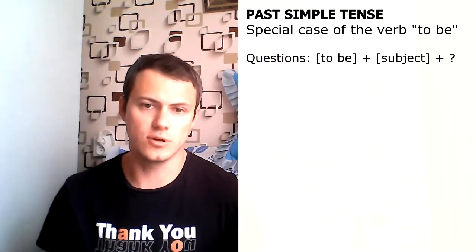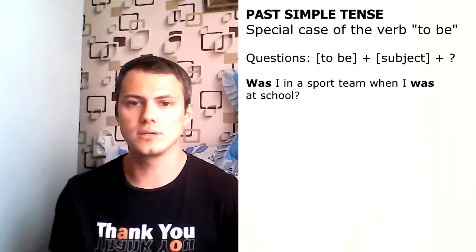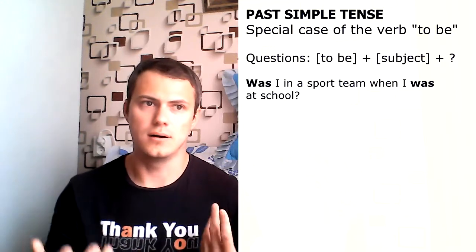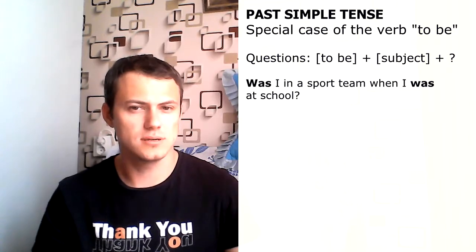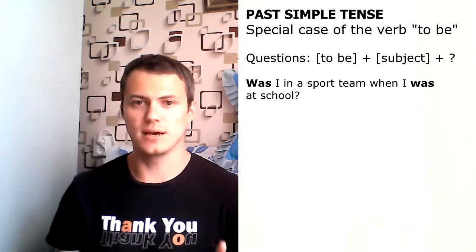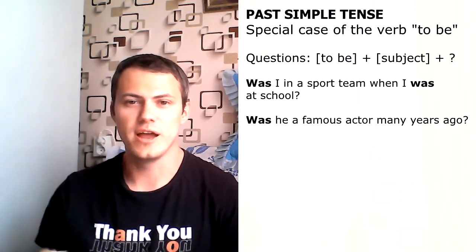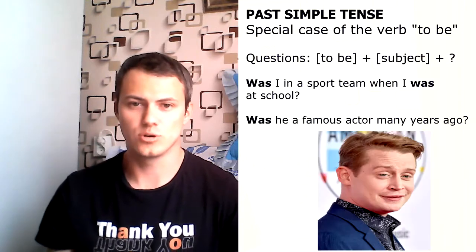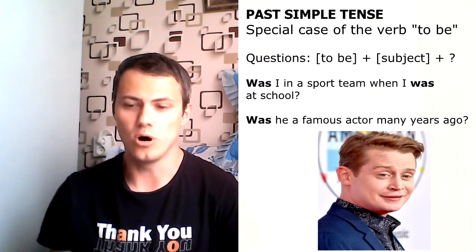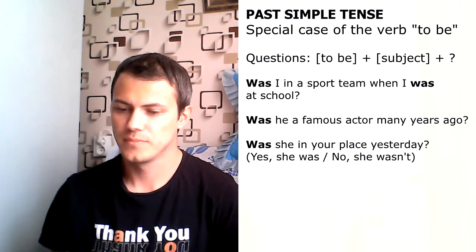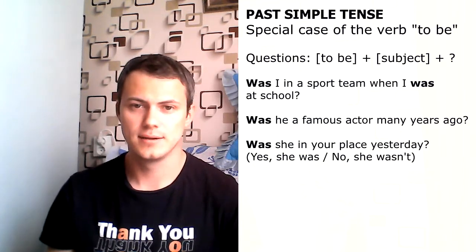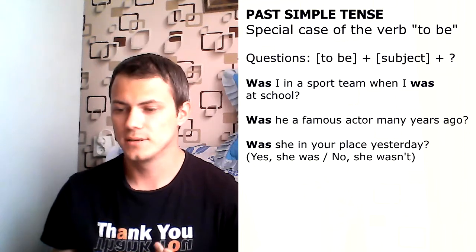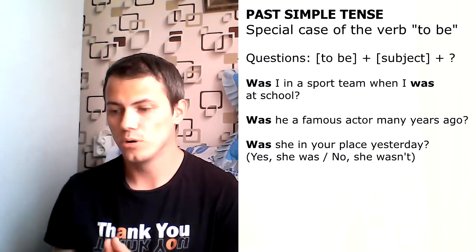For example, was I in a sport team when I was at school, for example? Was he a famous actor many years ago? Yes, he was. Was she in your place yesterday? And we can answer, no, she wasn't.